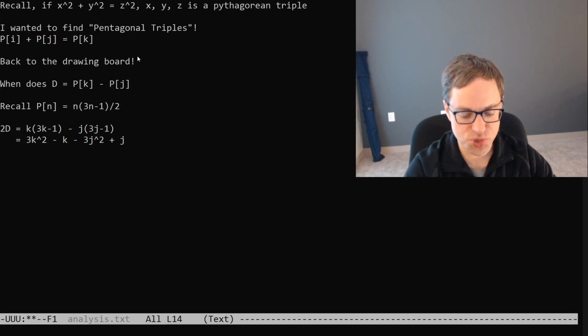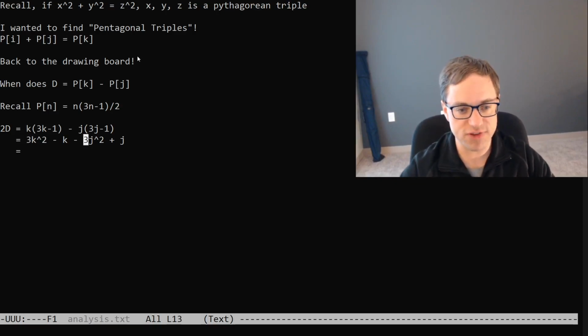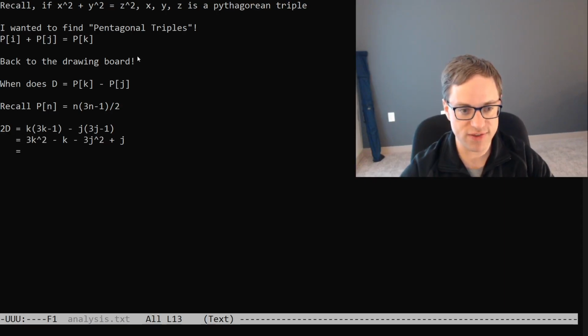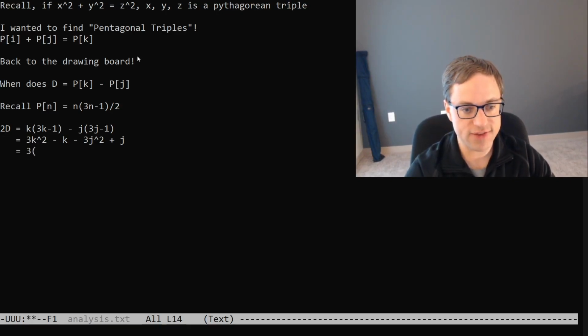Now, whenever I'm doing any sort of number theory type problem and I see a difference of squares, that immediately attracts my attention, because we can factor a difference of squares as k minus j times k plus j.